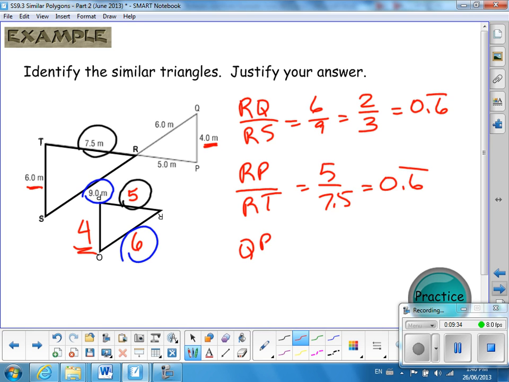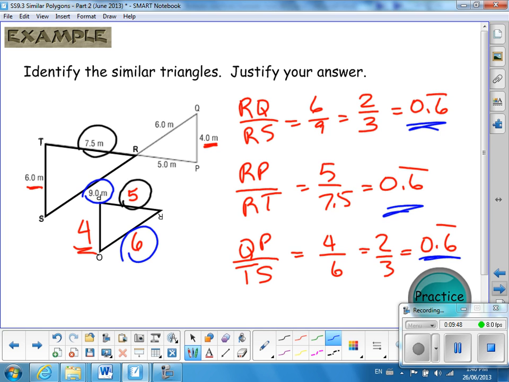QP corresponds to TS, so we have 4/6, which is 2/3, or 0.6 repeating. When we see that we have the same scale factor on all 3 corresponding sides, then we can say triangle RPQ is similar to triangle RTS.